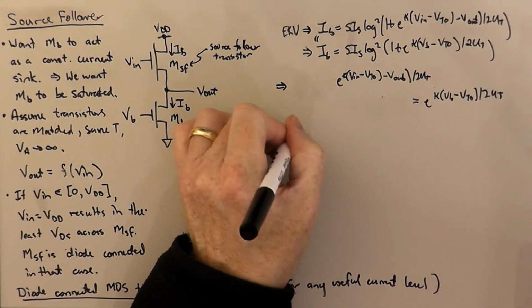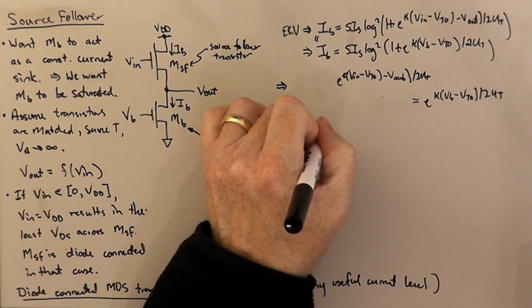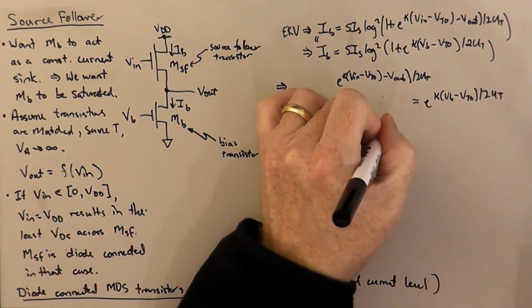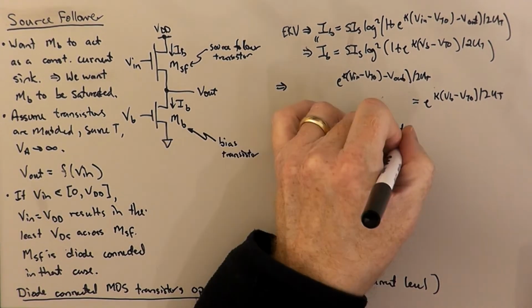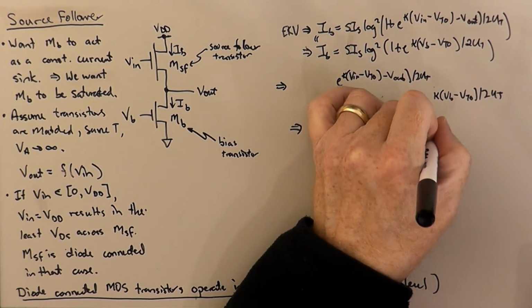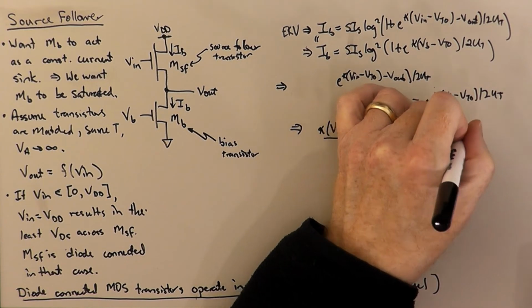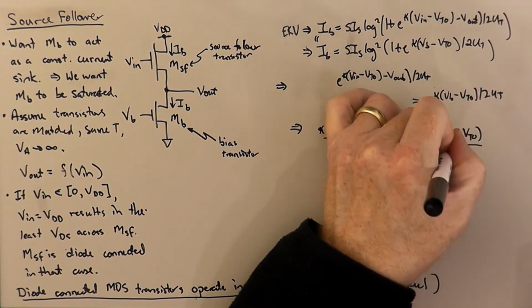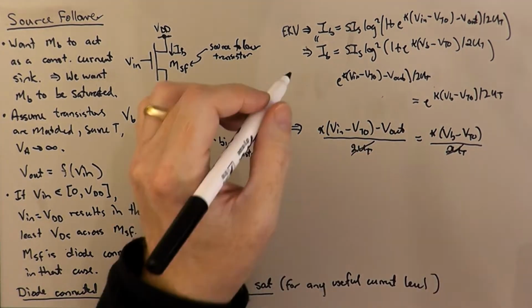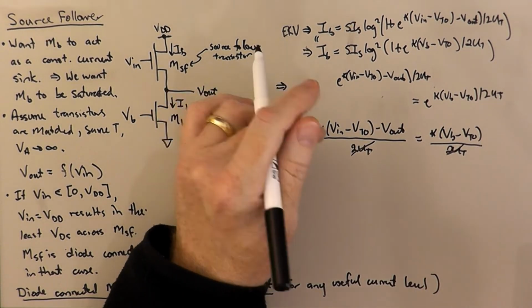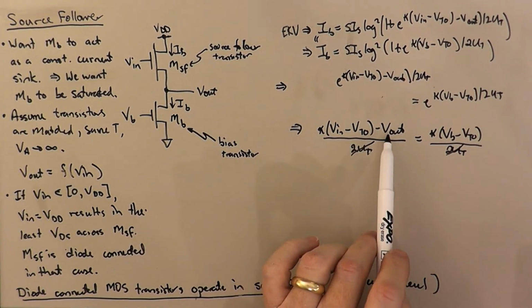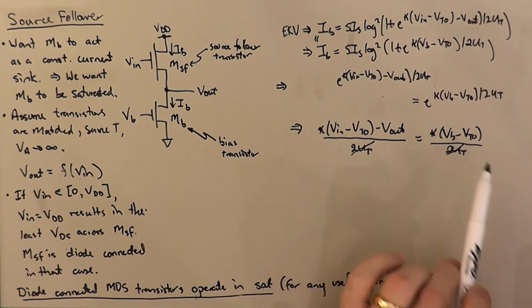And we can take a log of both sides, and that implies that we have kappa times Vin minus VT0 minus Vout over 2UT is equal to kappa VB minus VT0 over 2UT. We cancel the 2UTs. That leaves us with kappa times Vin minus VT0 minus Vout is equal to kappa times VB minus VT0.